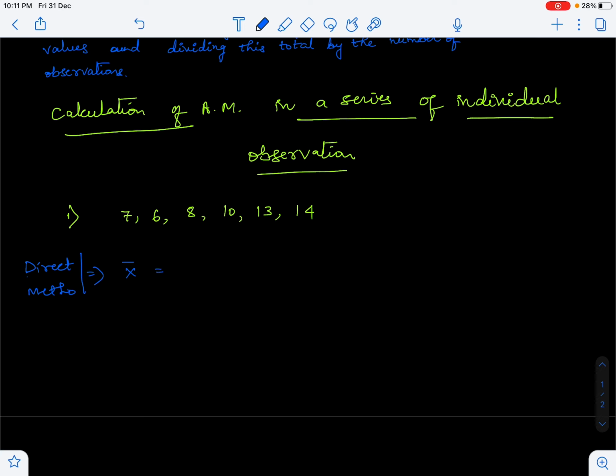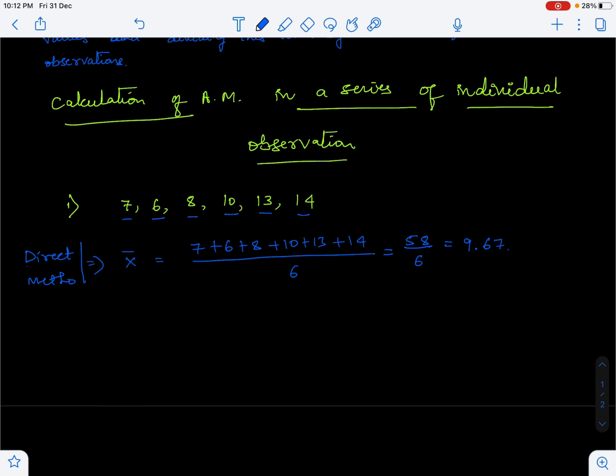That is, the sum of all observations 7 plus 6 plus 8 plus 10 plus 13 plus 14 divided by the number of observations. Here there are 1, 2, 3, 4, 5, 6 observations, so this equals 58 by 6, which is equal to 9.67.